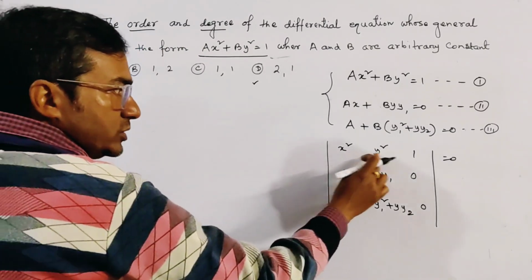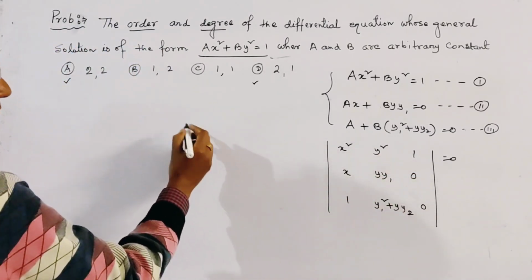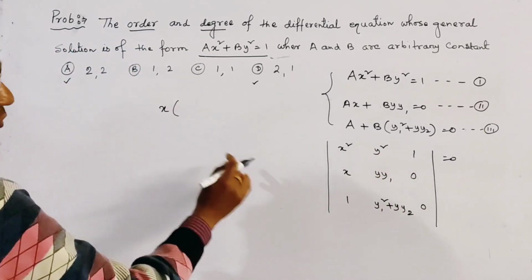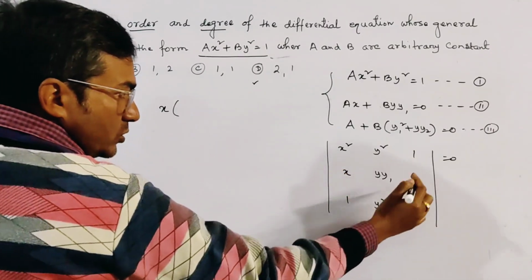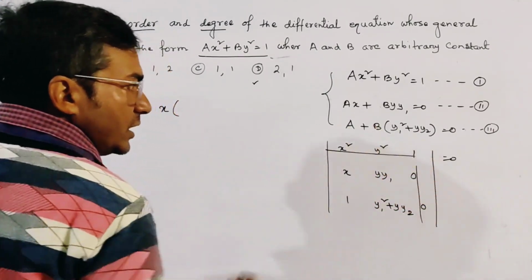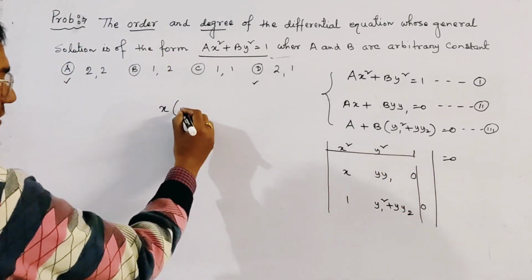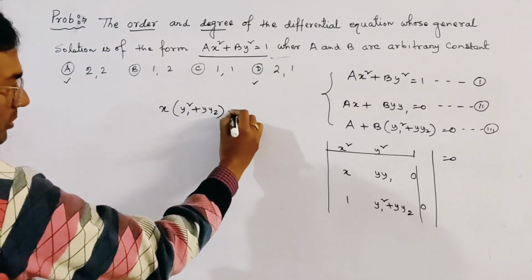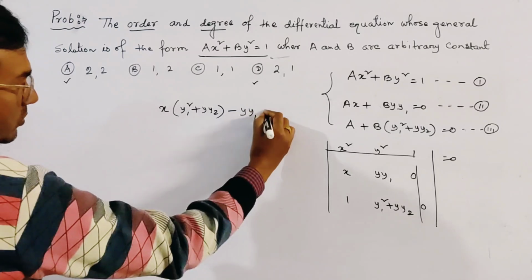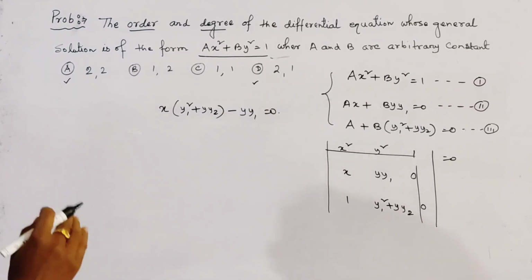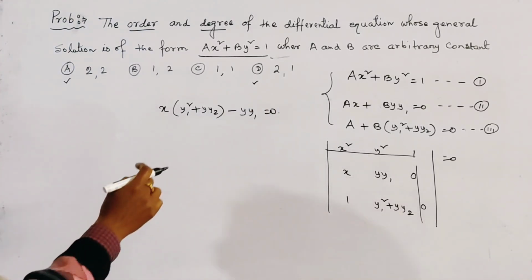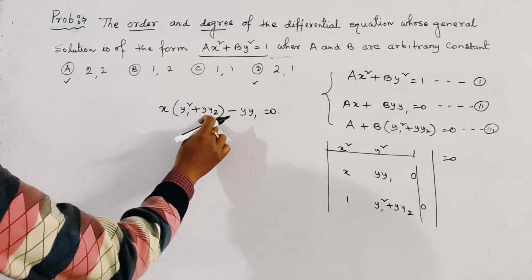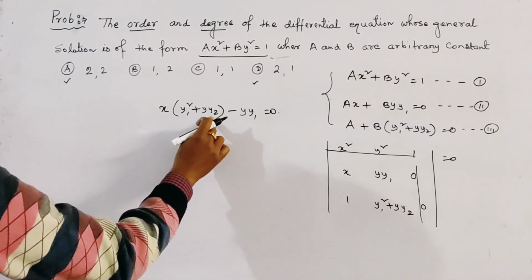By expanding with respect to the third column, we get the differential equation as x·y·y2 + x·y1² − y·y1 = 0. This is the differential equation, and clearly the power of the highest order derivative y2 is 1.